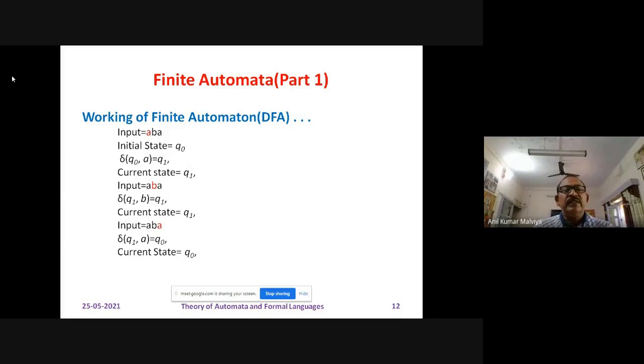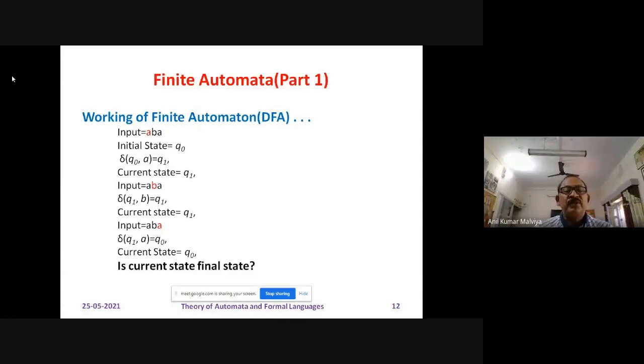Here the input string is exhausted, meaning the machine has read all symbols of the input. Here is the final configuration, and the machine is in state Q0.